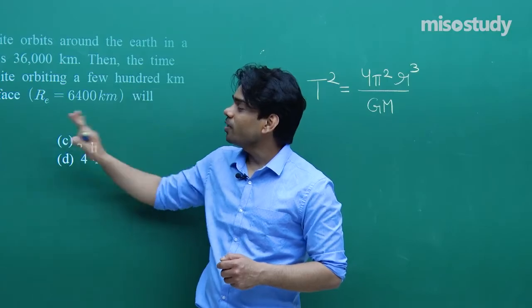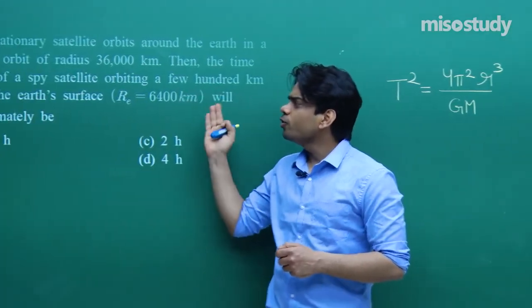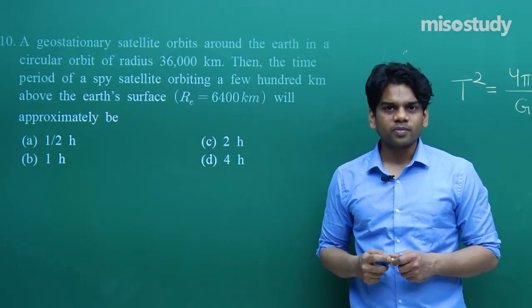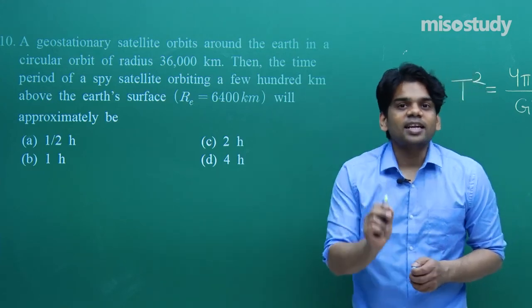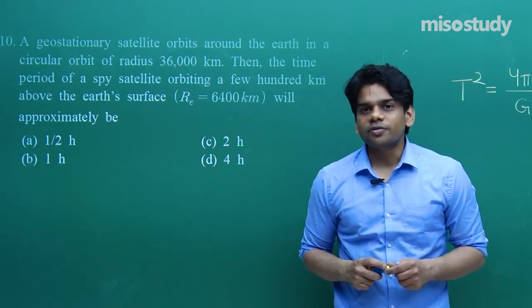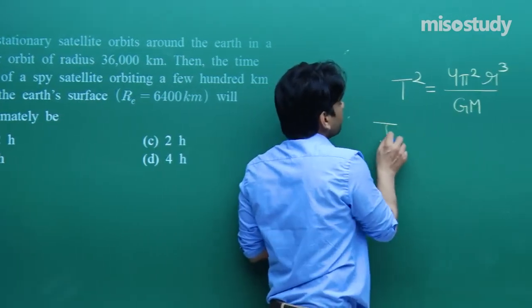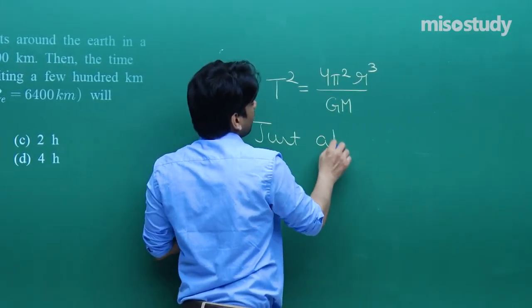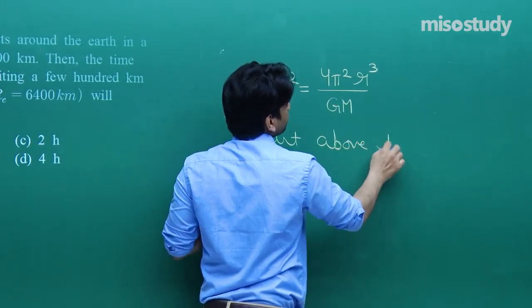Now you see, it says the time period of a spy satellite orbiting a few hundred kilometers above the Earth's surface. If any satellite is just above the Earth's surface, for that we have to use r equal to radius of Earth.